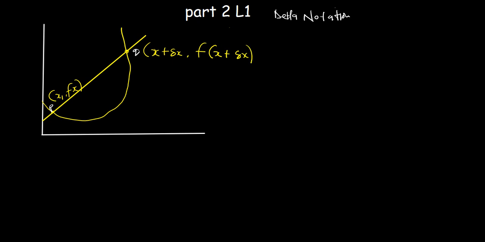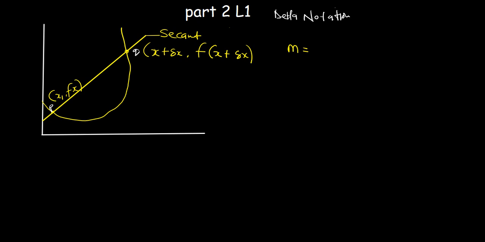So we can now say the gradient of a secant, this secant line. We know gradient is change in y over change in x, so the gradient of this secant is given as: final y minus the initial y.